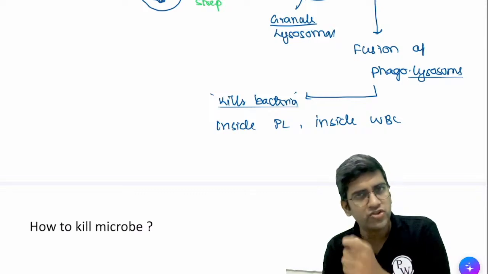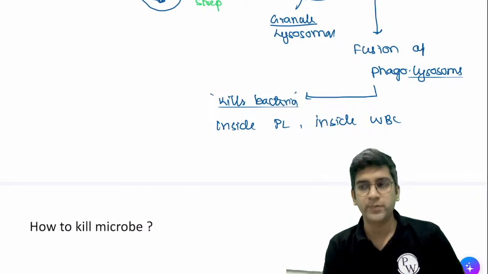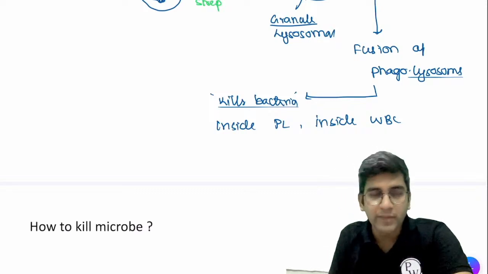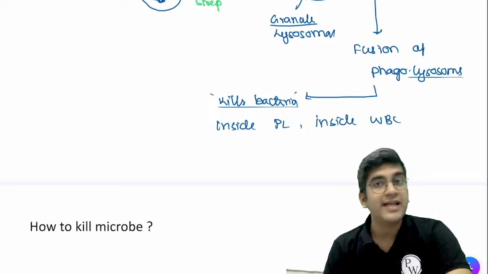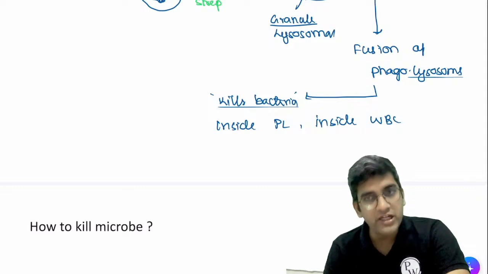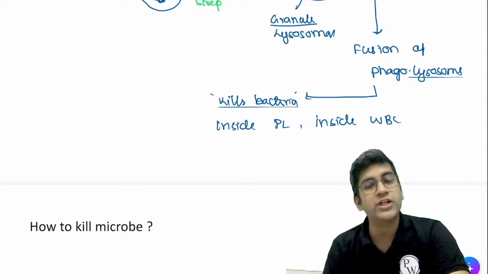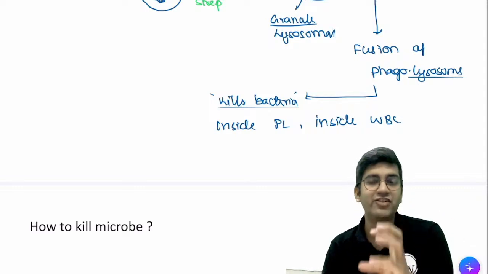Do you think this will cause tissue damage or it won't? It won't, right? That's why acute inflammation generally will not have tissue damage or tissue destruction, because it's very, very controlled.